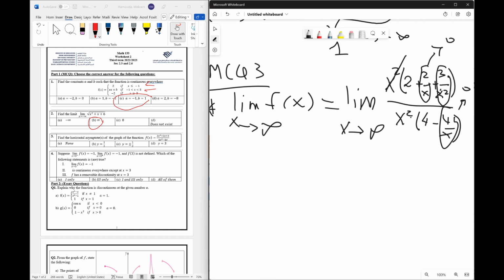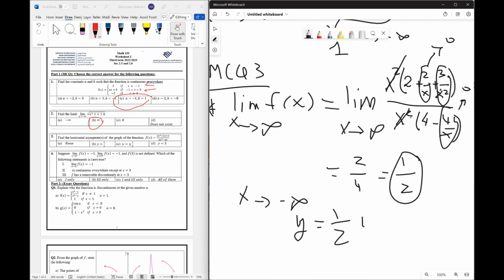So this will cancel with this, and finally I will find 2 over 4, that means half. And by the way, this is also valid for x approaches minus infinity. So the same result will hold for minus infinity. So I conclude that y equal to half is a horizontal asymptote.